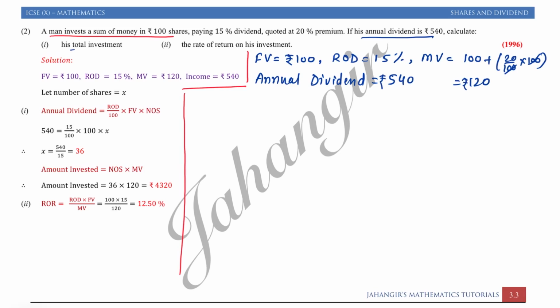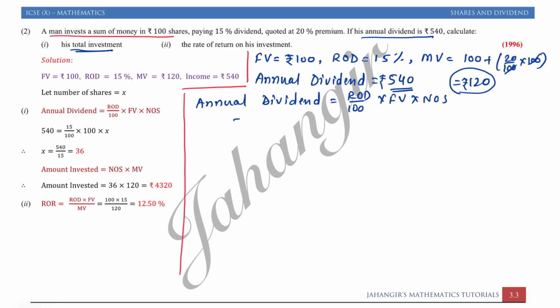So here first part, we want investment. So what is the formula for investment? Investment is equal to number of shares into market value. We know market value, but we don't have number of shares. So that number of shares we can find by using annual dividend. So we can write annual dividend is equal to ROD upon 100 into face value into number of shares.